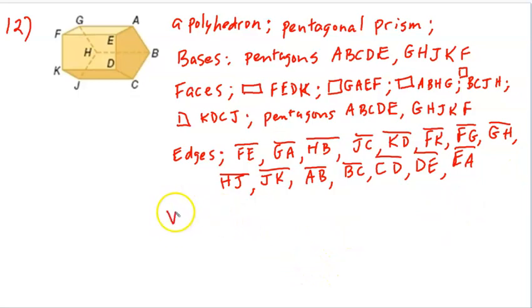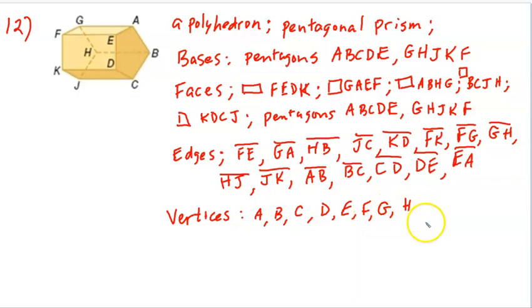Okay, and then the vertices. And the vertices are going to be points, so we can just use capital letters. And so basically it's starting with A, all the letters in the alphabet are used consecutively, A, B, C, D, E. Just not I. Let's see, make sure I got them all.